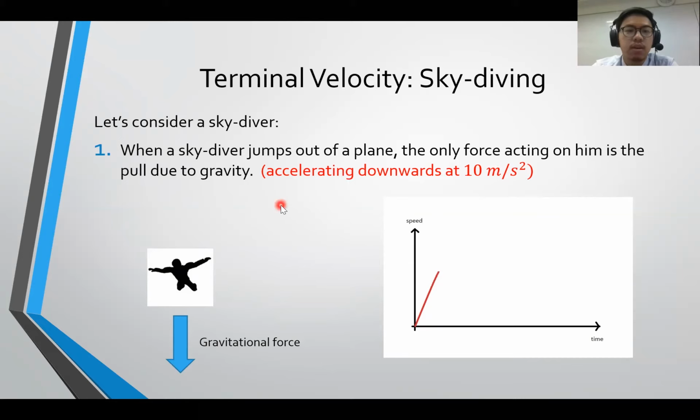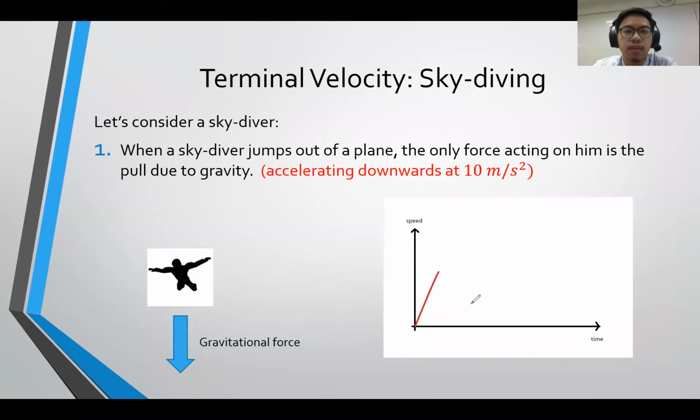Okay. So when you jump out of a plane, what will happen first is, as soon as you go out, gravitational force will be acting on you. On this part of the graph, this is you falling, and in the beginning the only force acting on you is the gravitational force. And what does that look like on your graph?